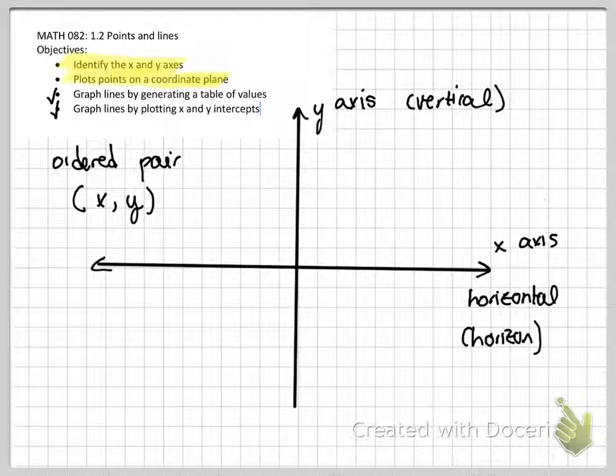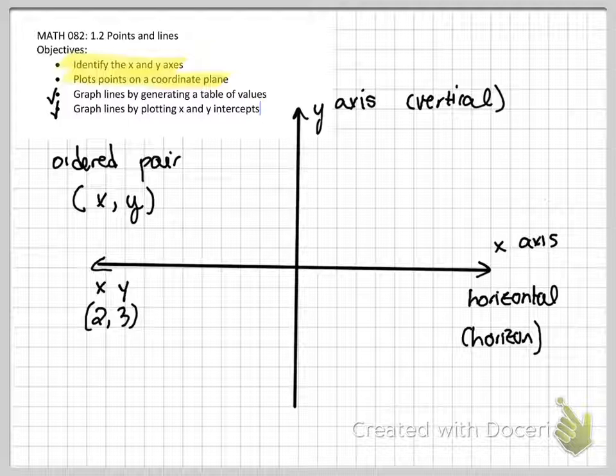So let's just make up a point. I'm going to pick the point (2, 3). Okay, so it's important to remember that 2 is your x value and 3 is your y value. So what does this mean? That means that I go 2 on the x-axis. Well, now we have to remember which way is positive and which way is negative.